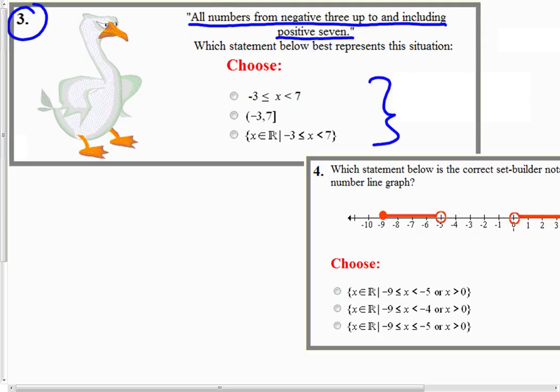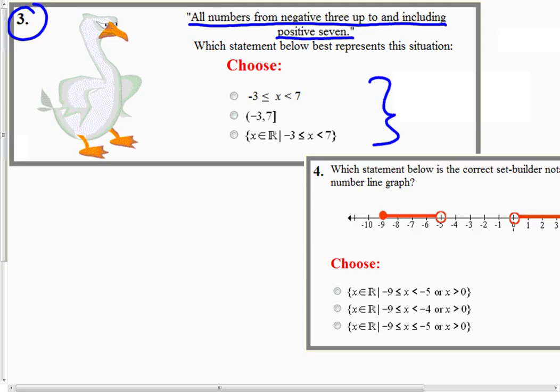Which one do you think works? Raise your hand. If you give me an answer, give me a justification. Tell me why it's correct. Only one of those three is right.